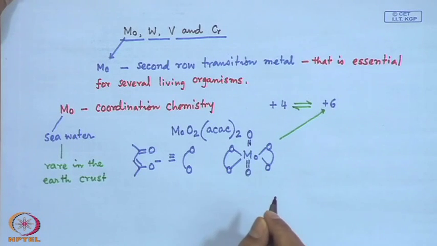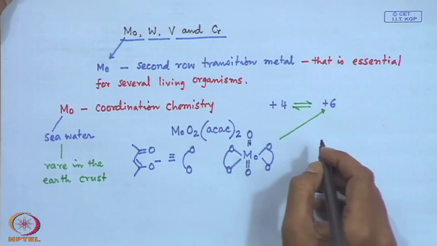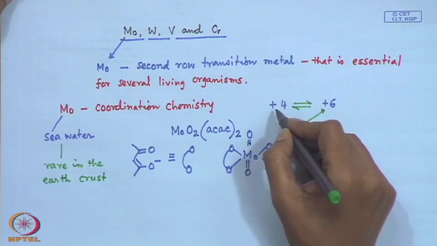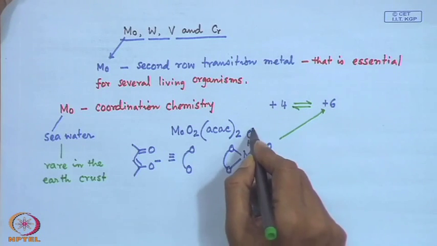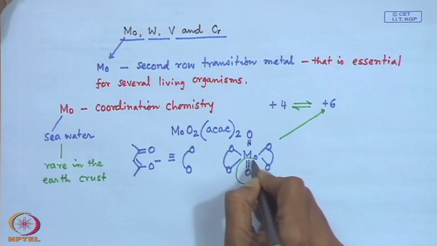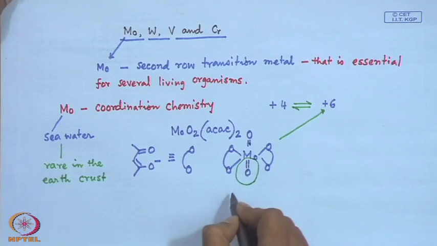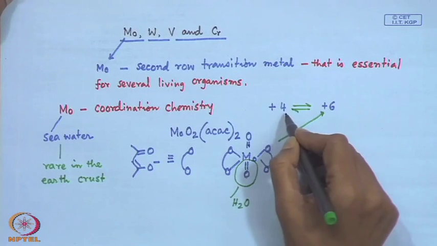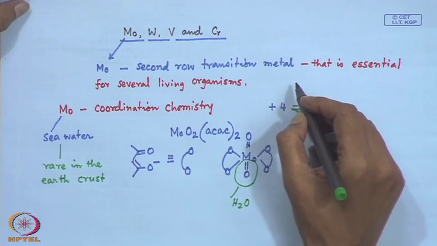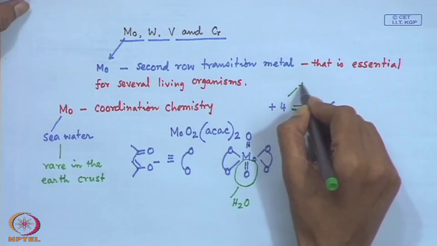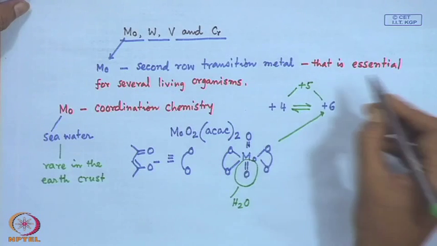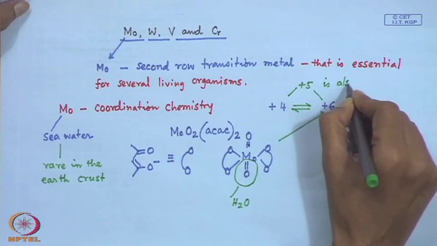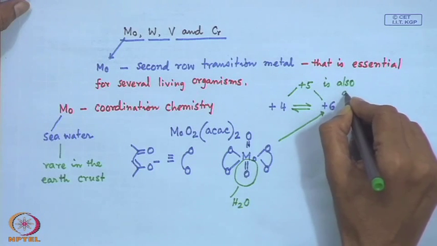If we can settle between these two oxidation states of +4 and +6, and remove one of the oxo parts, then it can be stabilized. If it can bind to water, it can be stabilized in +4 oxidation state. The intermediate one, +5, is sometimes also accessible in the catalytic cycle. So, we can have these 3 oxidation states.